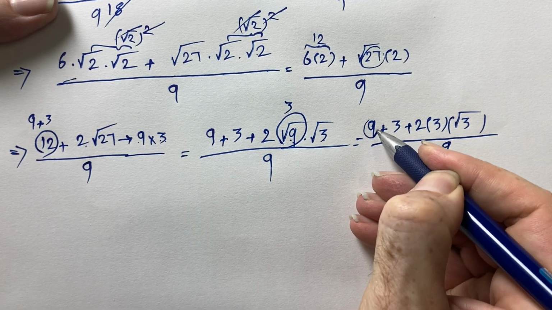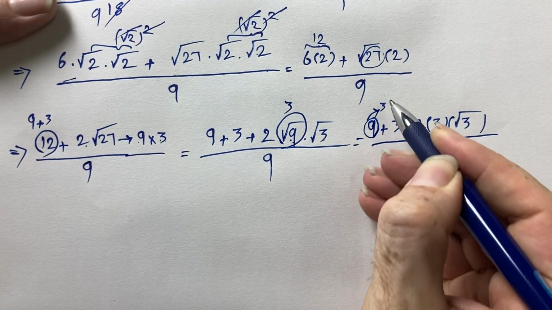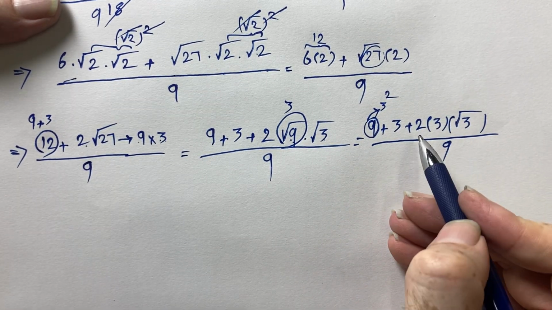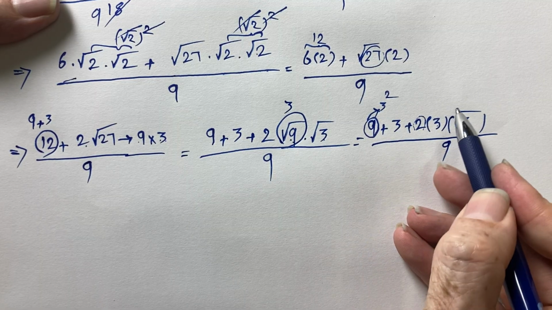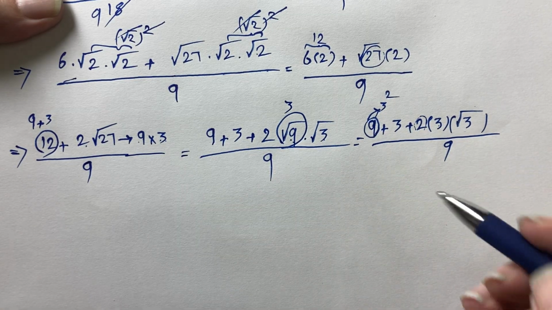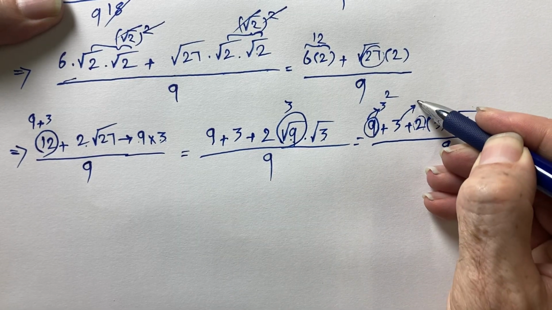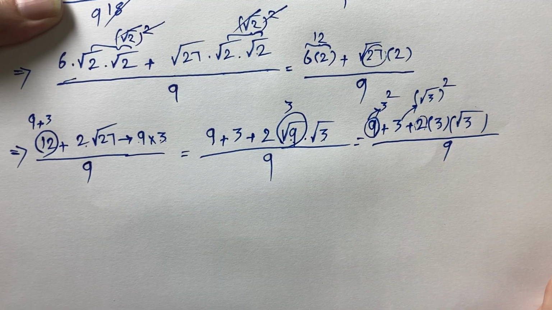This 9 is a perfect square, so it can be written in the form of 3 to the power of 2. What is this? Twice of this first term, and if this one is the second term, what is this? So this 3 can be written in the form of second root of 3 to the power of 2, right?